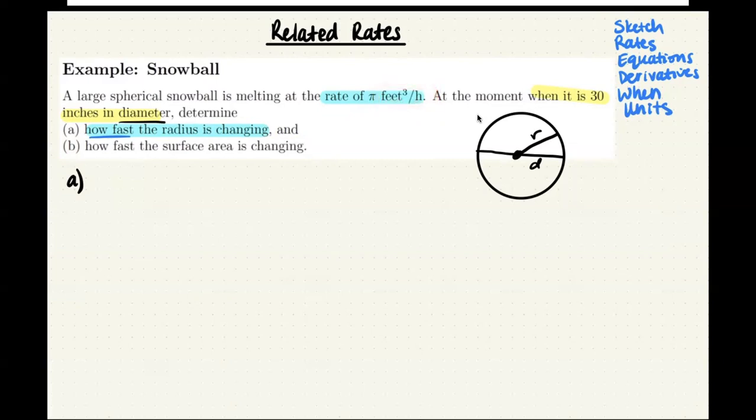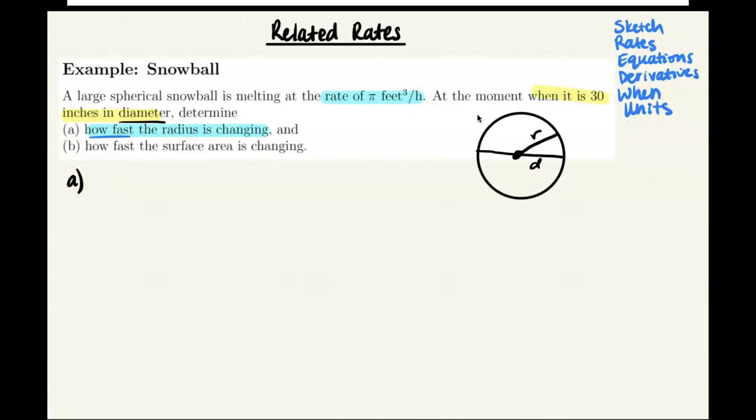Now, the quantity that involves shapes that uses a cubed unit is typically the volume. So this is telling us that the volume of the sphere is changing at a rate of pi feet cubed per hour. So we're sort of told a time frame as well. Okay, so I'm going to give the volume a name.